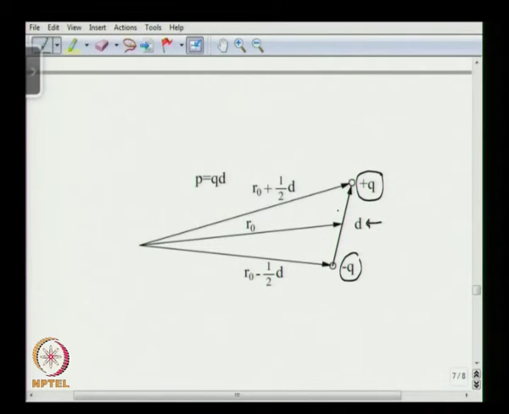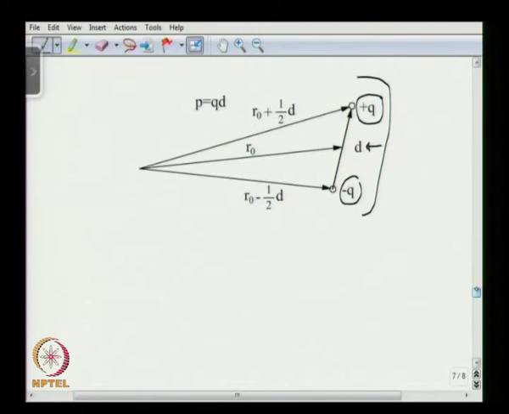Now what is the effect of this point dipole on the surroundings? That is something we are interested to find. So the dipole moment due to the point dipole is going to be q into d.